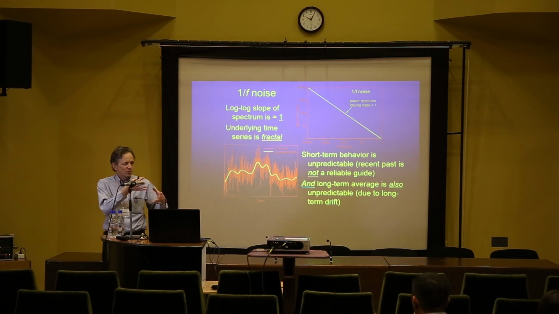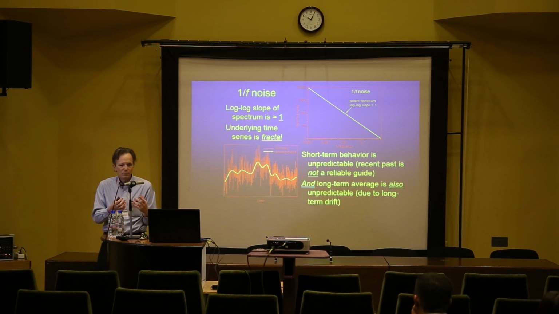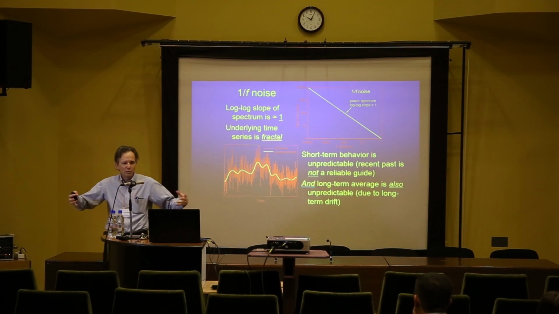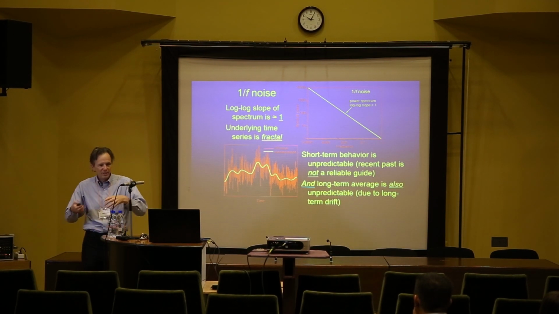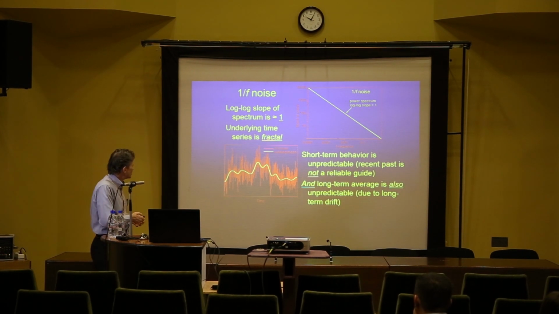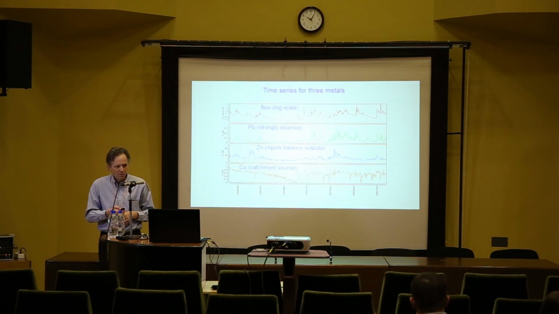There's enough spectral power at the high frequencies to make the short-term behavior very unpredictable. But there's also enough correlation across multiple scales to make the long-term behavior unpredictable as well. So it's sort of everybody's nightmare if they're trying to predict things.